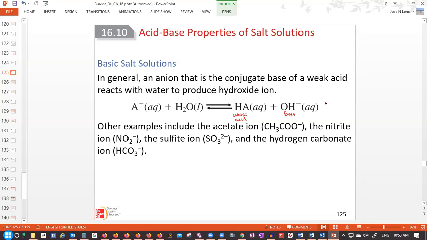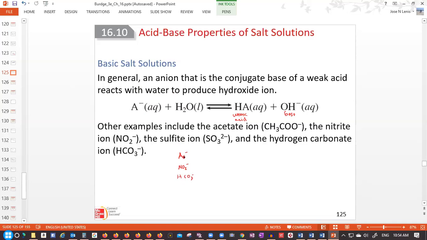Examples of salts that can make basic solutions because of the hydrolysis are the acetate ion, the nitrite ion, and the hydrogen carbonate ion.